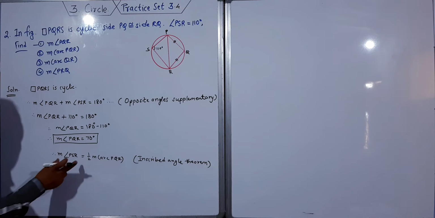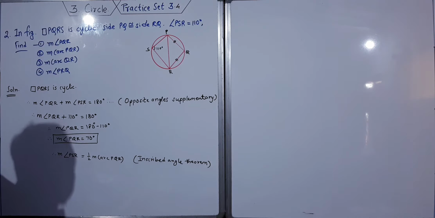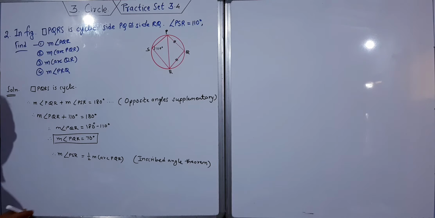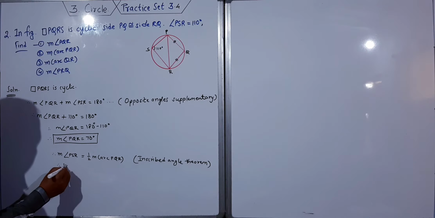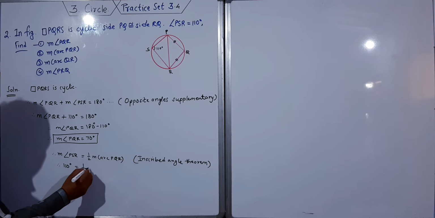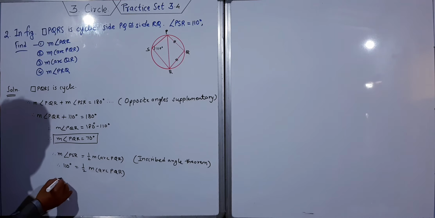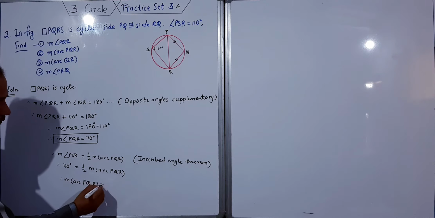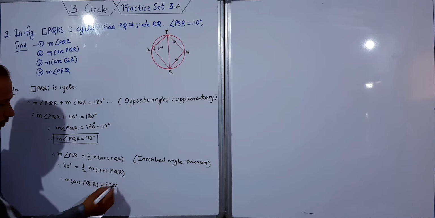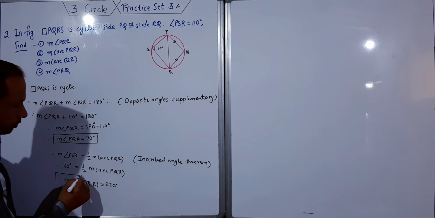The measure of an angle is always half of the measure of the arc. So this is 110 and this is 1/2 measure of arc PQR. Therefore measure of arc PQR is equal to 220 degrees. Do the cross multiplication.